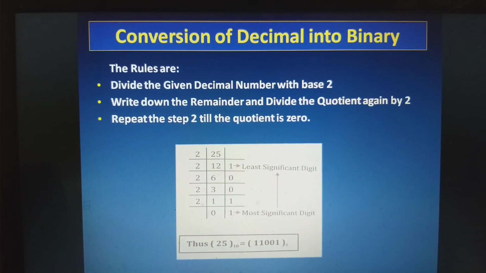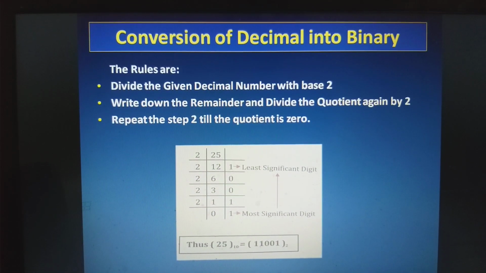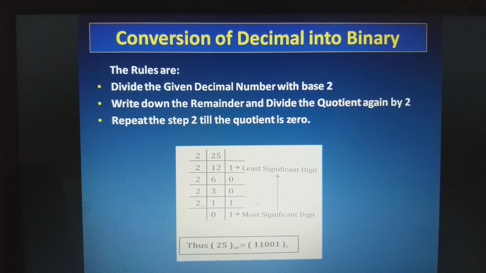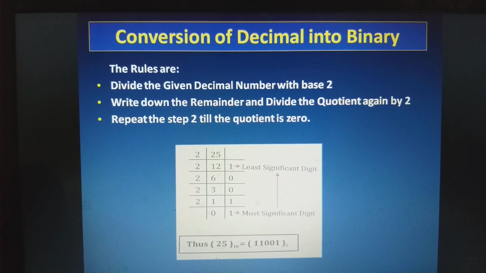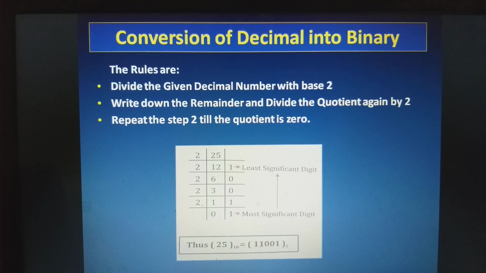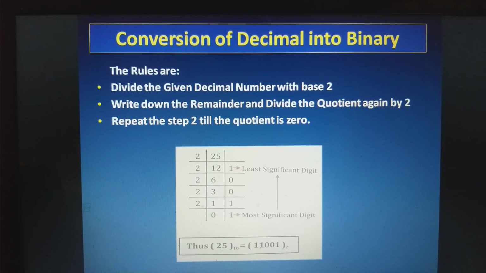Now, the rules of conversion from decimal to binary number system. So, children, please listen very carefully. Divide the given decimal number by base 2. See, in the example below, the decimal number 25 is divided by base 2. Write down the remainder and divide the quotient again by 2.